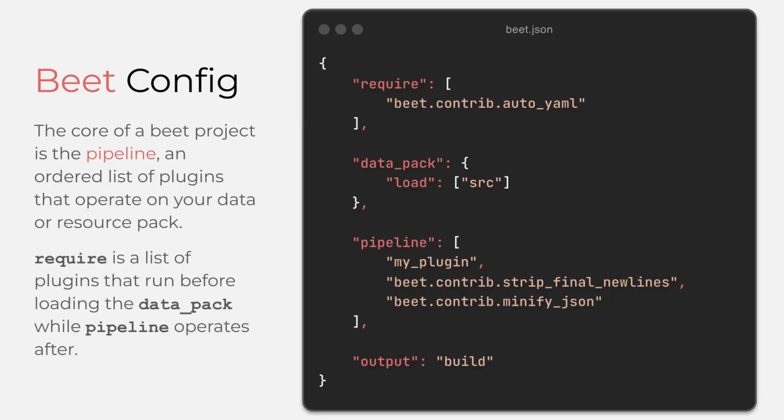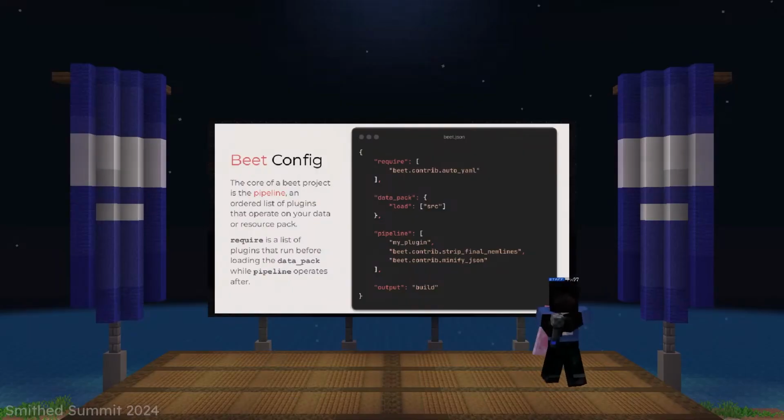The core of a Beet project is the pipeline, which is an ordered list of plugins. This is the Python aspect of Beet, where you define a Python function, essentially, that makes changes on your project. And the Beet config just says, I'm going to run this function, then this function, then this function in a list. So in this example, we have require, which are Beet plugins that run before loading the data pack.